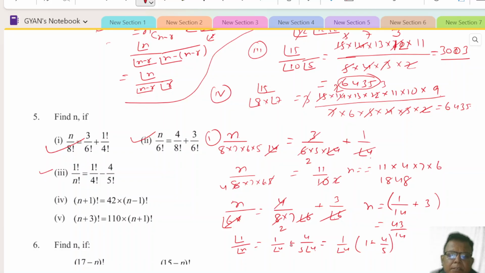This is minus, this is minus. So that is equal to 1 by factorial 4 into 1 by 5 minus 4, 1 by 5. So that is equal to factorial 5. So factorial n is equal to factorial 5. So n is equal to 5.